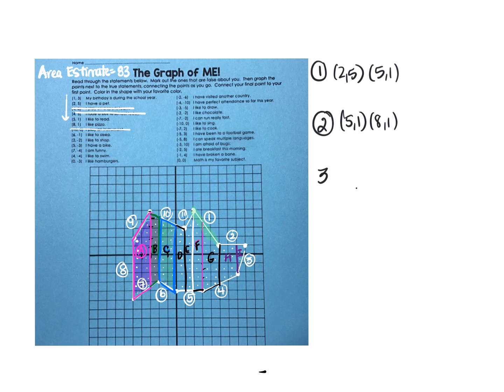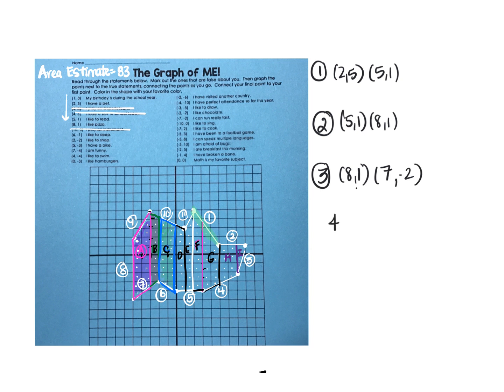Number 3 happens to have the points (8, 1) and... looks to me like (7, -2).